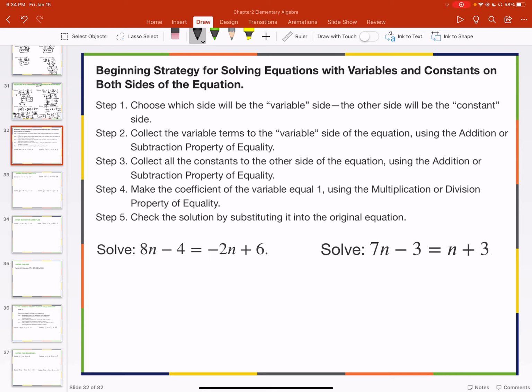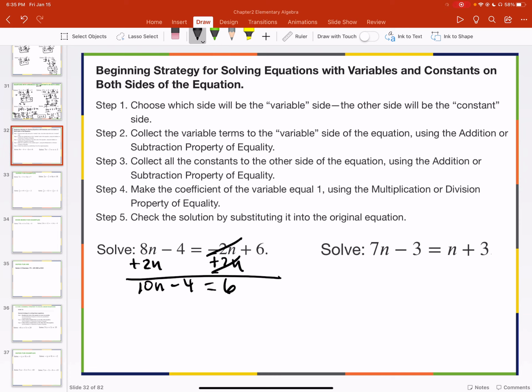So in this case here, we have 8n minus 4 is equal to negative 2n plus 6. So what I want to do is try to have the variables on the left-hand side. So I'm going to add 2n to both sides, and that's going to cancel this on the right-hand side. 8n plus 2n is 10n minus 4 is equal to 6.